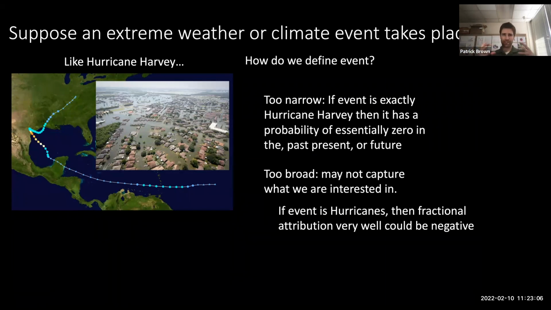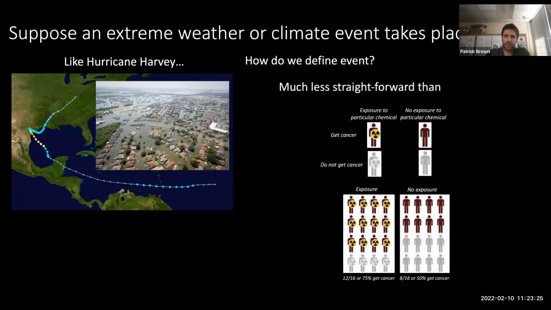And so you can see that this question really muddies the waters here, because different researchers might choose an event definition that's different, and then you can get wildly different answers depending on that. And so it's a lot less straightforward than where this concept was borrowed from in epidemiology, where it's pretty easy to define the cancer, no cancer dichotomy.